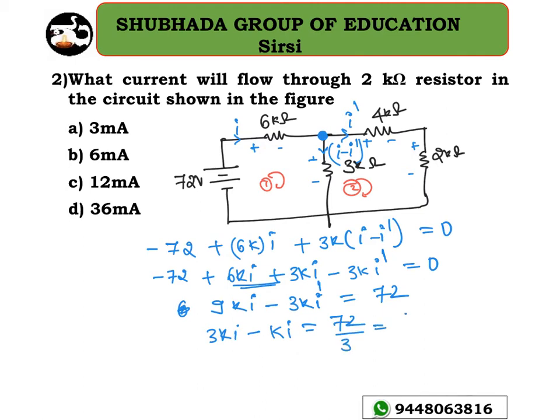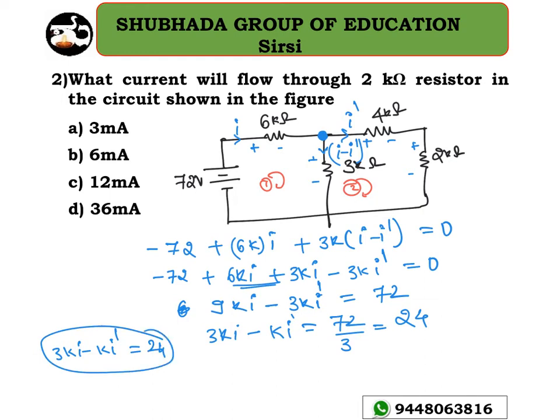That is 24, since 3 fours are 12, 3 sevens are 21... that is 72 divided by 3, 24. Make it equation number 1. That is 3kI minus kI dash equals 24. It's equation number 1.